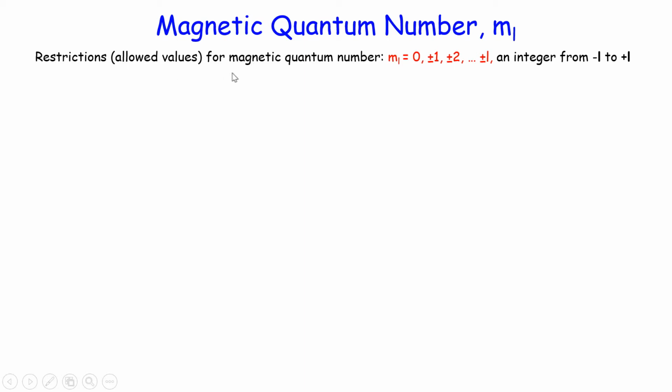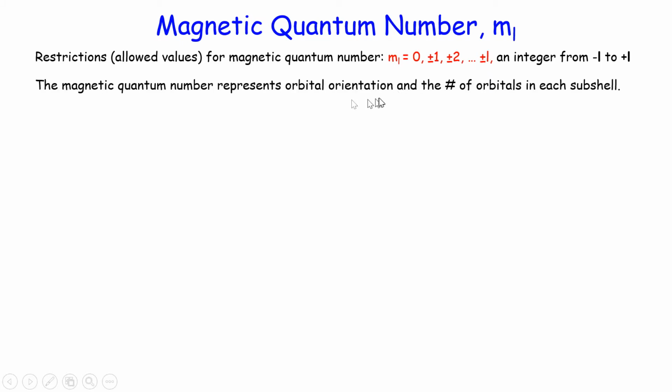The allowed values for ML are from negative L to 0, then to positive L. Or in other words, ML equals 0, plus minus 1, plus minus 2, until plus minus L.